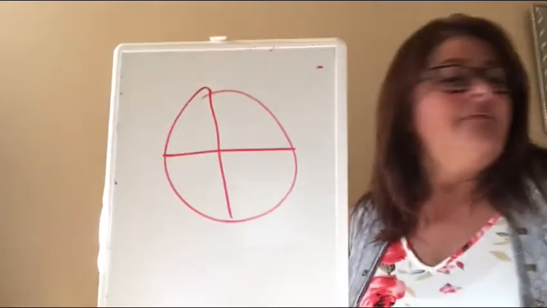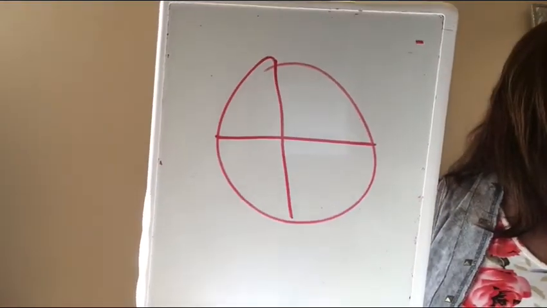And then the next figure they show you is back to the circle. So, circle, let's make the circle into 4 equal pieces. This is 4 equal pieces.